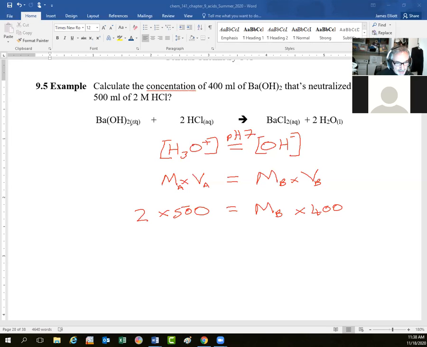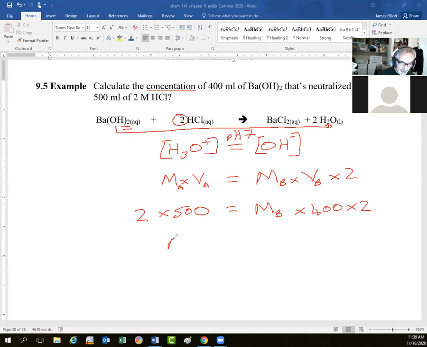But of course, the base, for every molecule, is producing 2 hydroxide ions, which is why we need 2 molecules of the acid. So that double strength for the base has to be taken into account. And we multiply the base side by 2 this time. So we're getting 2 hydroxides per molecule, so it's going to double the number of moles.